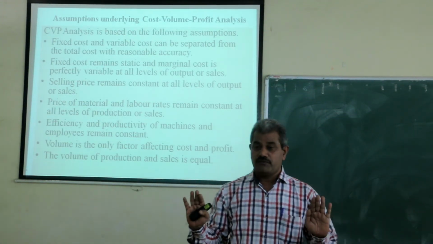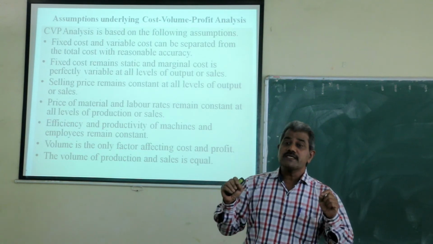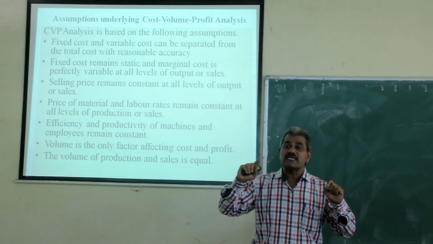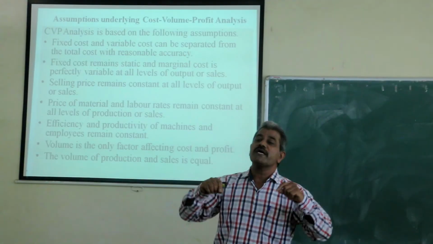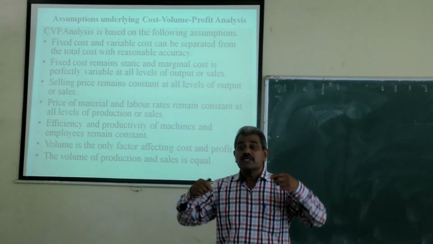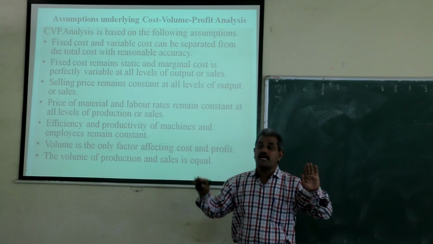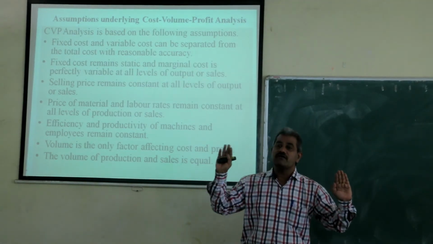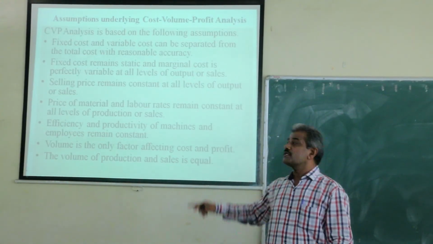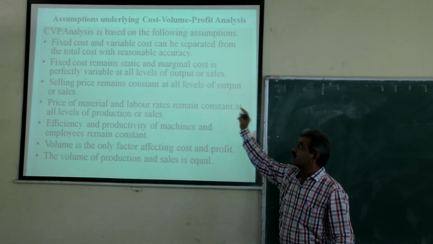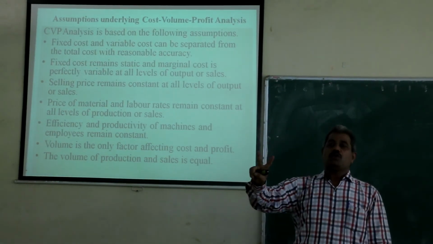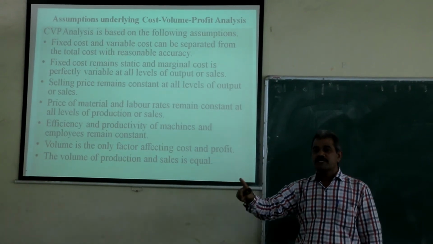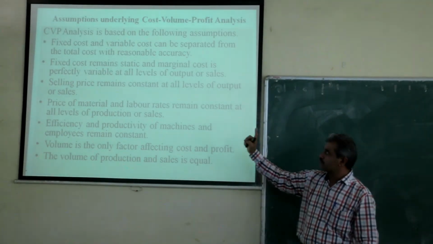The overhead expenses of semi-variable or semi-fixed nature can also be separated with greatest accuracy into fixed and variable parts. So this is the first assumption in the CVP analysis, that cost can be divided only in the two types, fixed cost and variable cost.